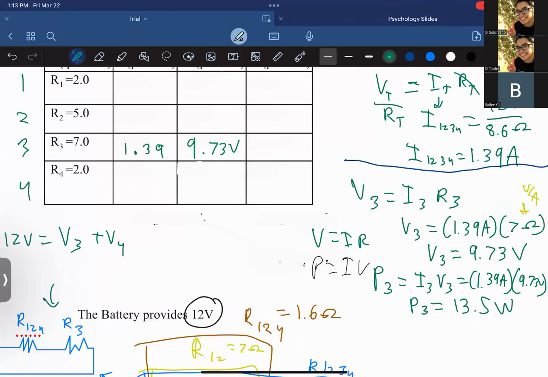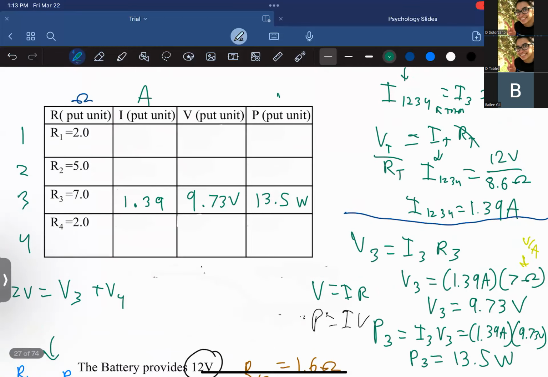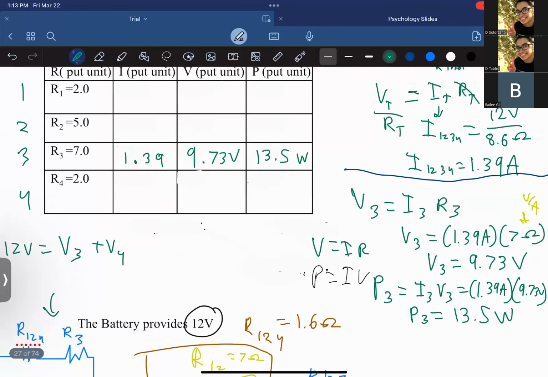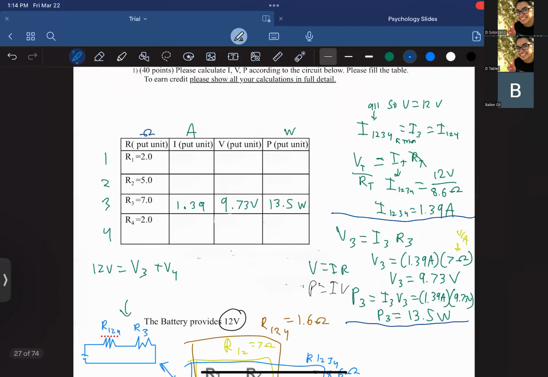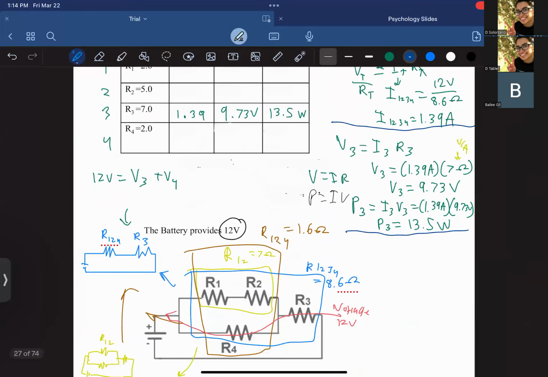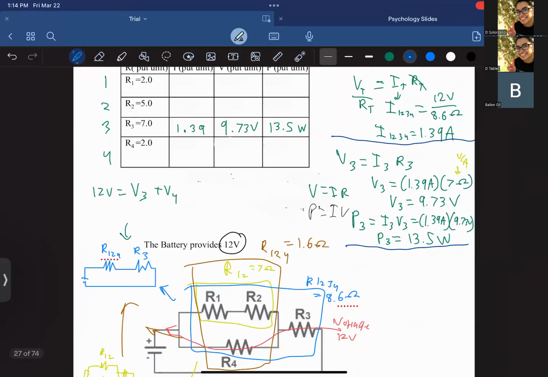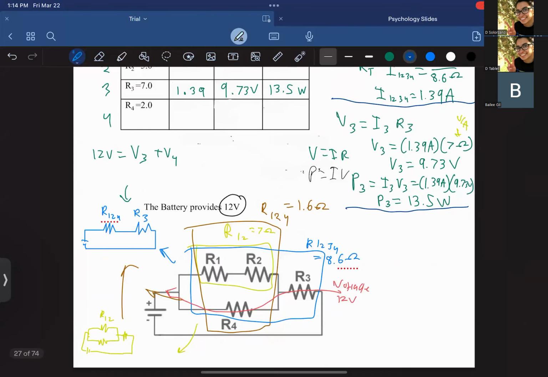Anyway, we have work. We have 13.5 watts. And now we could probably solve for one of the other R's or I's.